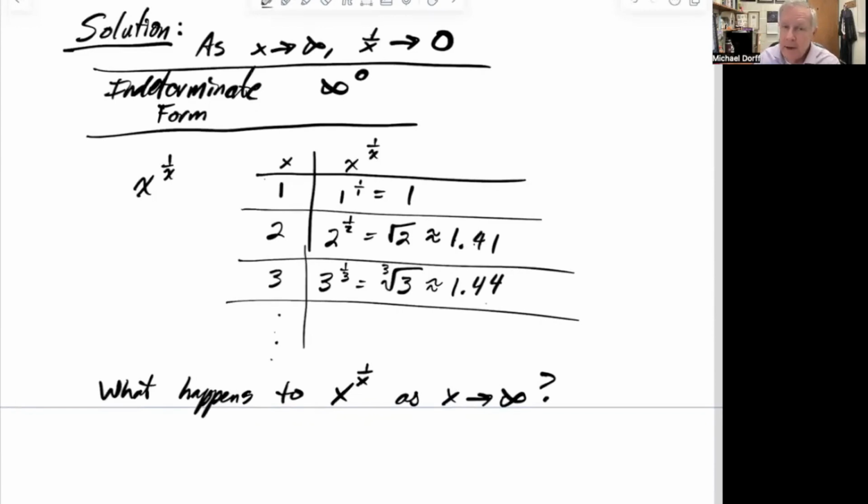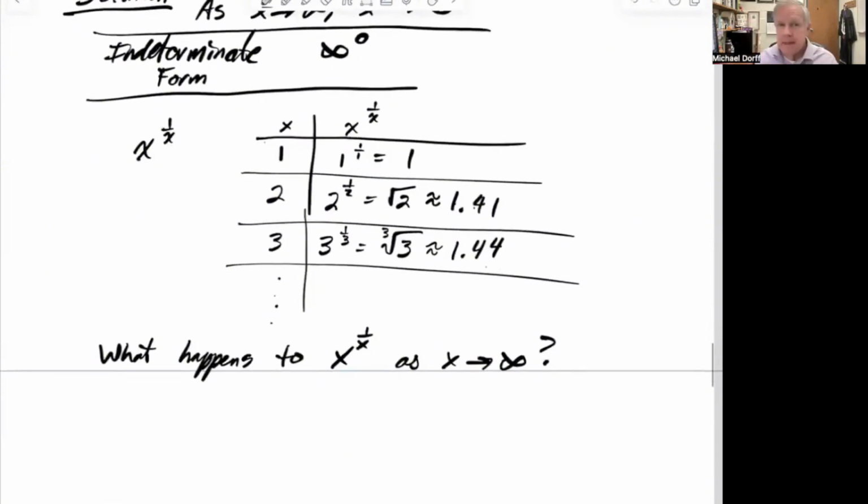But infinity is not a number. It just means a really large number here. And so if you have a really large number to the 0 power, does it go to 1? Could it go to something else? Could it go to infinity? Could it get really, really large? All right. This is the beauty where now we can use L'Hopital's rule to actually answer this question in this particular case.